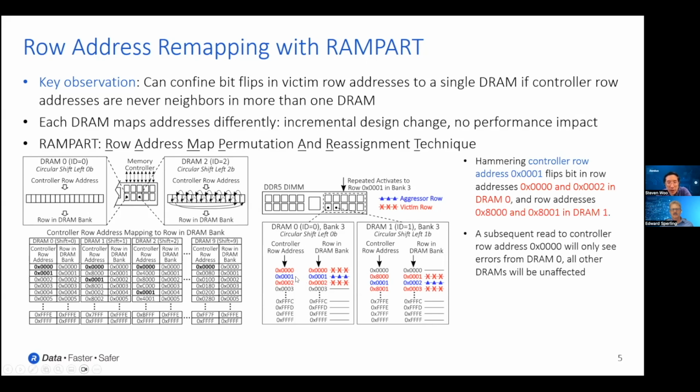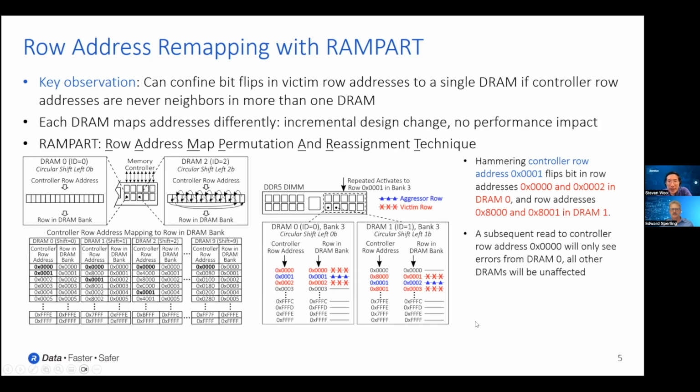So in this particular case, if I decide that I want to read eventually from controller row address 0, the only DRAM that will have errors is this DRAM right here, because that's the only one that had a neighbor. Controller row address 0 was a neighbor of the hammered row. In this particular DRAM, row address 0 ended up in a row that was not a neighbor of the row that got hammered in DRAM 1.